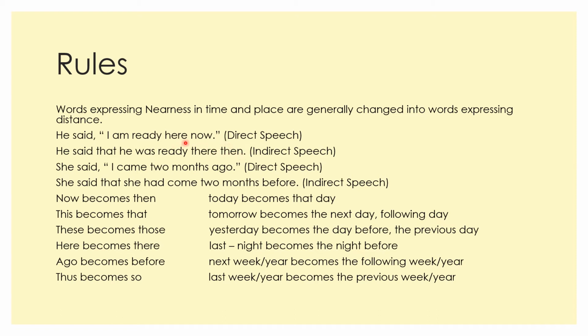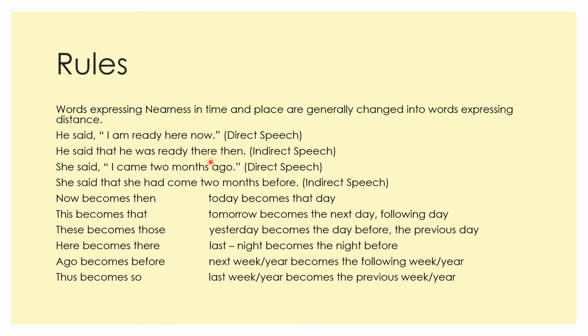So here, which is a word expressing nearness in place, has become a word expressing distance, there. Now, which is a word expressing nearness in time, has become a word expressing distance, that is then. So these are the changes with regards to the words expressing nearness in time and place.